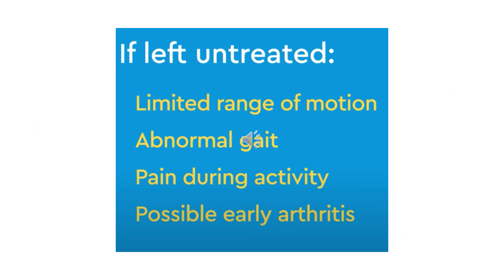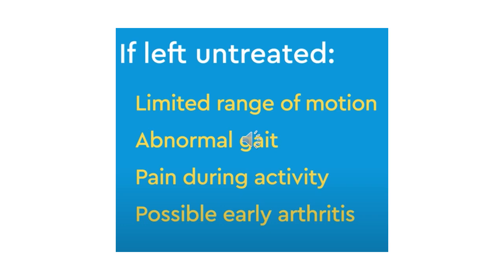Now, please note that DDH is a silent disease that does not cause any pain to the baby soon after birth. That's why it can be missed easily by the parents and in places where a screening program is not available. The problems with DDH occur later in life.